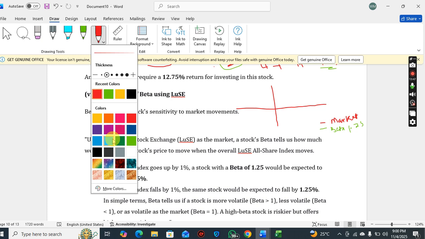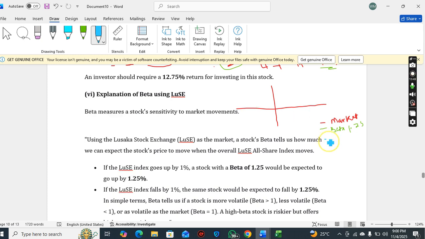This one in the blue line, let's say has a beta of 0.5. So as we said, beta is measuring the risk of a stock in relation to the stock market. Okay, so the stock market has a beta of 1. In this case, we had a beta of 1.25.